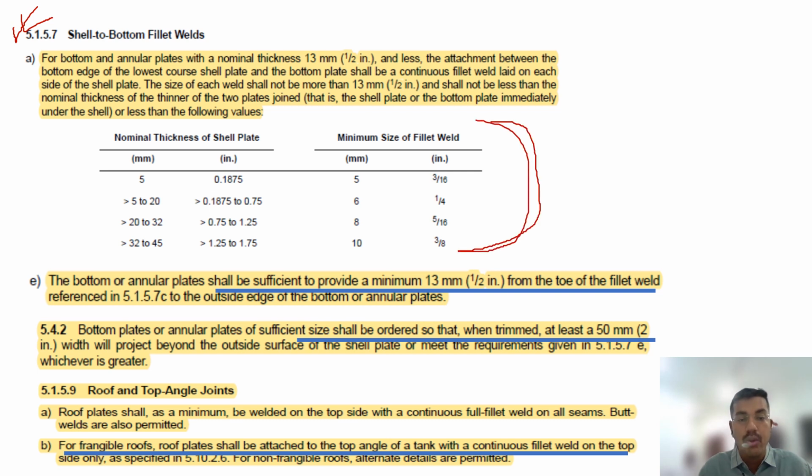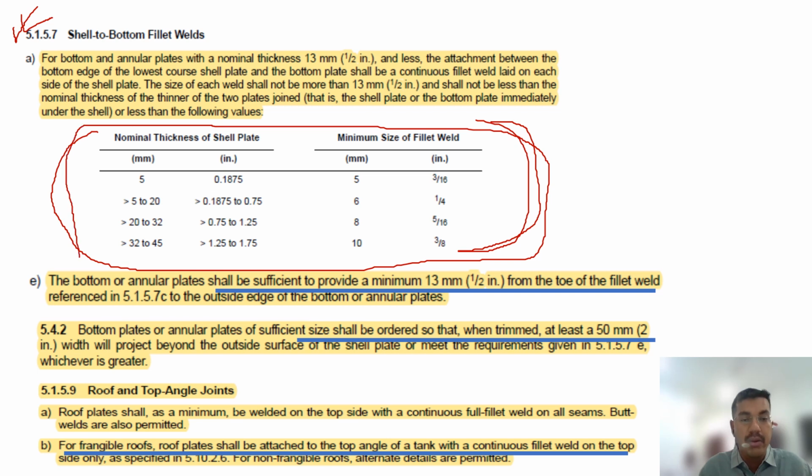I will not go into detail, but you have to remember what is the nominal thickness of the shell plate and what is the minimum size of the fillet weld required. So if the nominal thickness of the shell plate is 0.1875 inch or 5 mm, the minimum size of fillet weld required is 5 mm. Okay, fillet weld size is 5 mm.